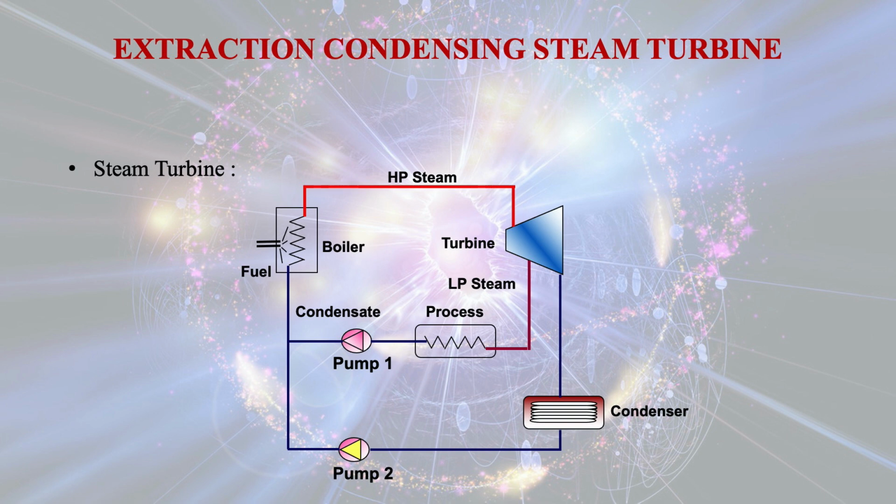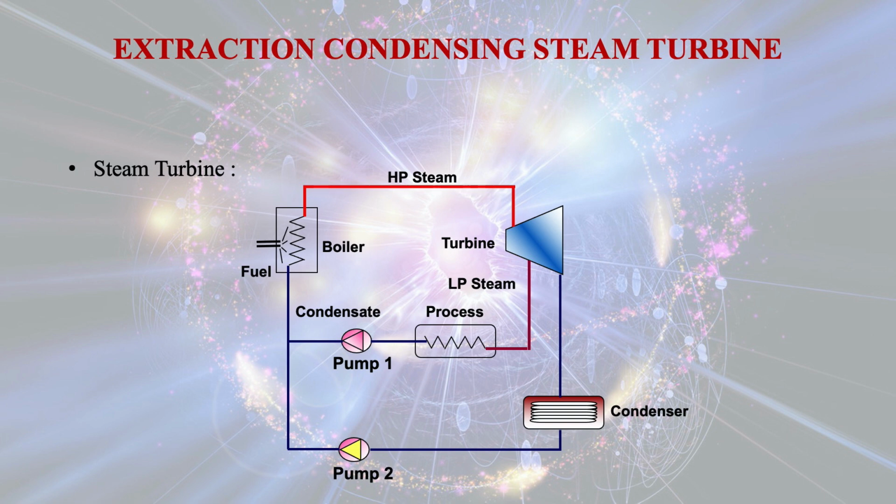So here there is extraction of heat, and it is passed through the process heater, and heat is given out to the water in the process heater, which is used for the process industries. After giving out the heat it will be transformed into water and is sent back to the boiler with the help of pump 1.